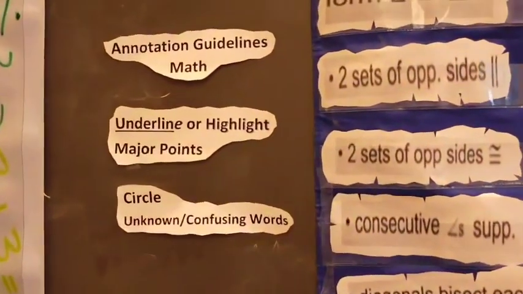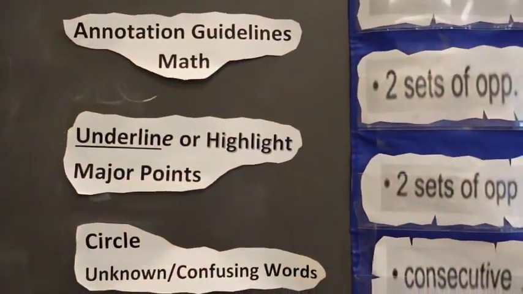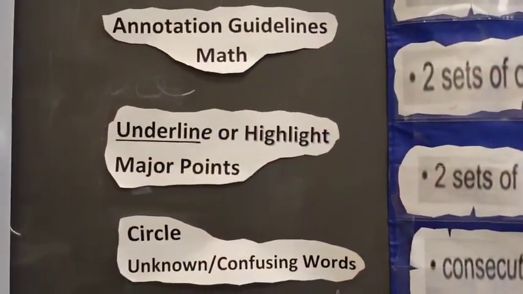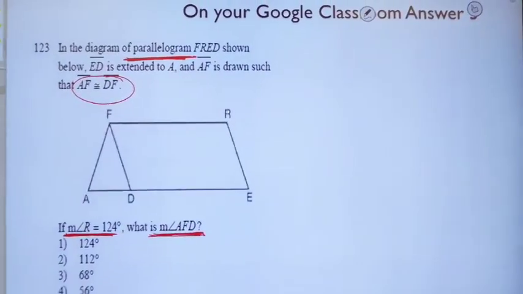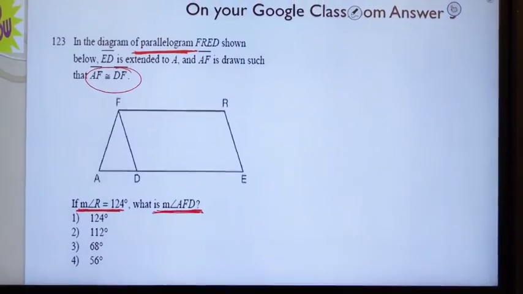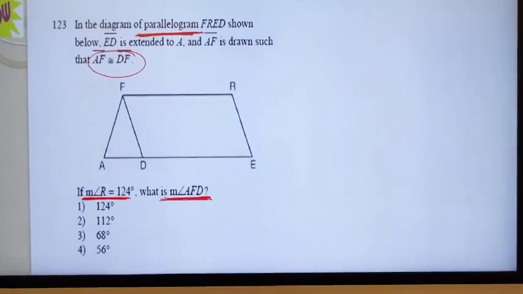This is a sample of annotation guidelines I use in my classroom. They just basically underline major points and circle unknown words. This is a sample output of our students. Sample Do Now, wherein they underline and encircle important words.